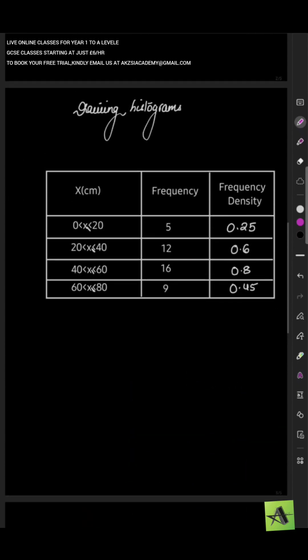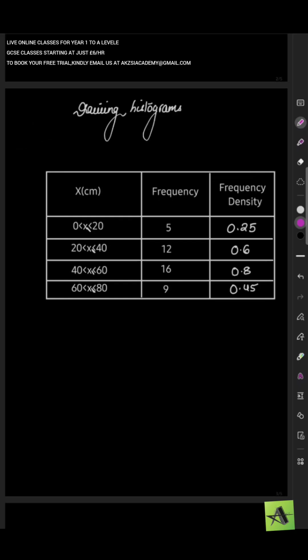For that, we first have to calculate cumulative frequency. Cumulative frequency is where we add the previous frequencies to get the total frequency, and we have to calculate it for each row of this table. So we keep on adding the previous frequencies.